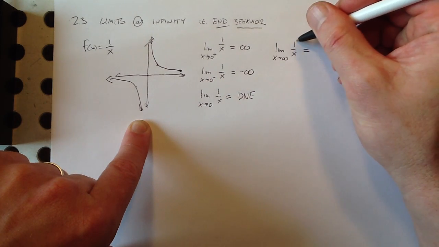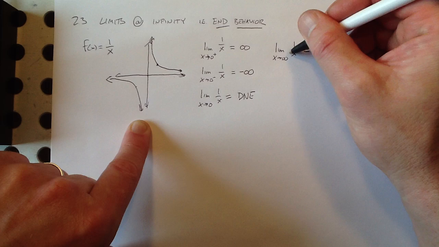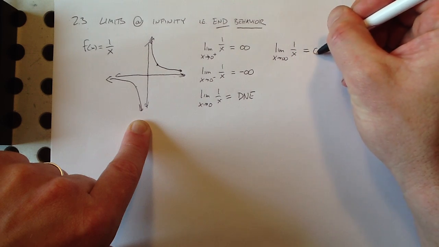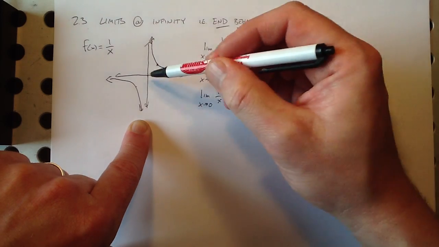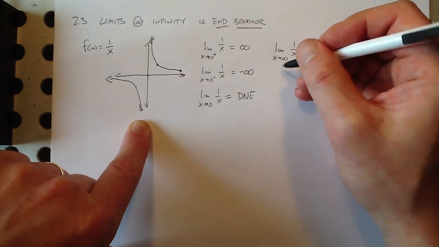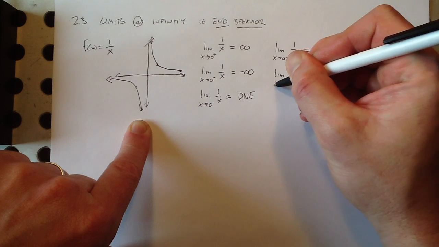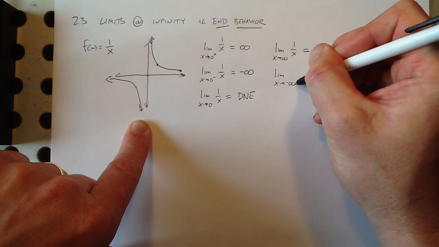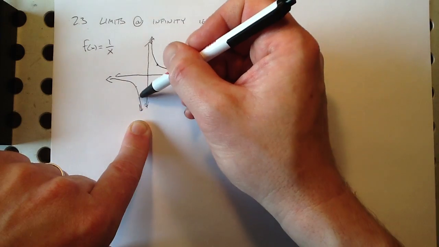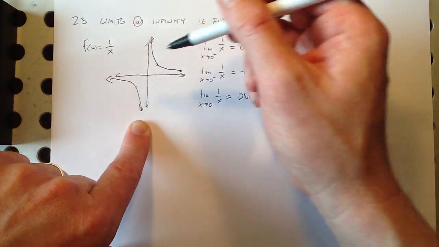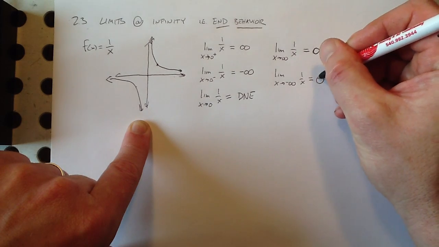And we would say that as x gets bigger and bigger, 1 over infinity gets closer and closer to 0. It's approaching this horizontal asymptote. And how about the limit as x approaches negative infinity of 1 over x? Well, here it's approaching from underneath, but it's approaching that same asymptote.